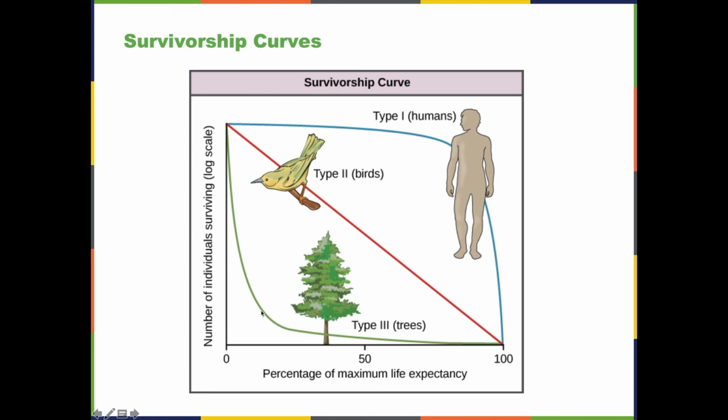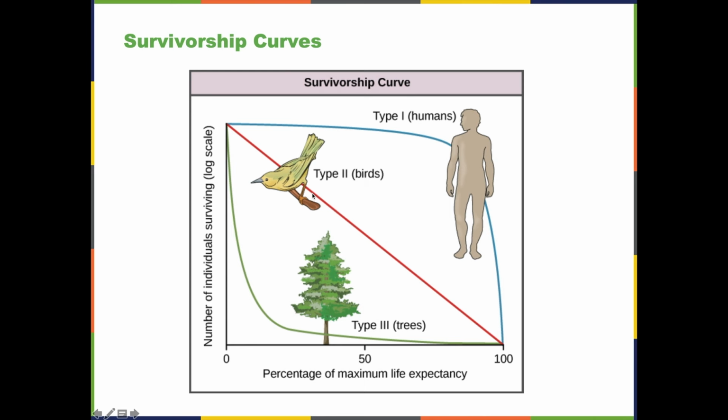Most of them don't survive, but some of them do, and those that survive live for a very long time until they get to their 100% life expectancy. So this is usually characteristic of organisms that produce a lot of offspring, and a lot of that early stage offspring perish.